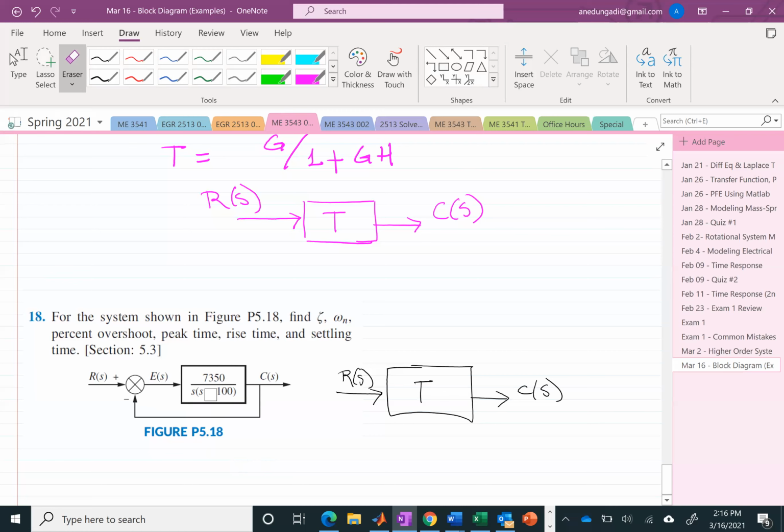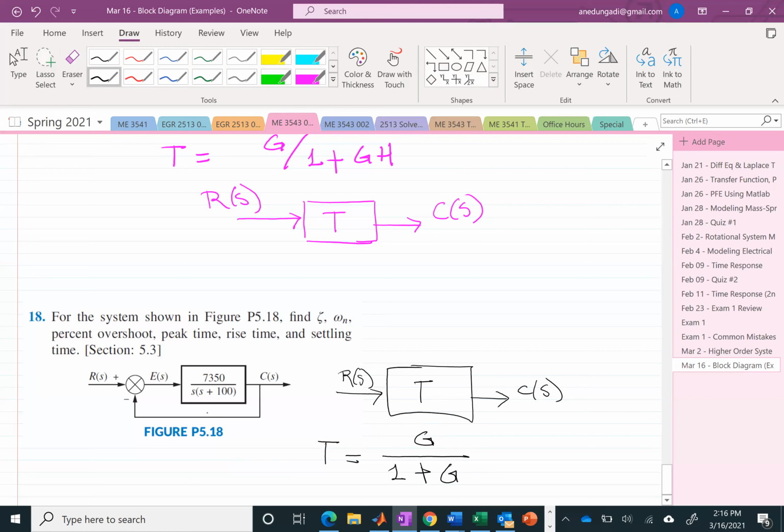So T is G divided by 1 plus G times H. H is 1, right?